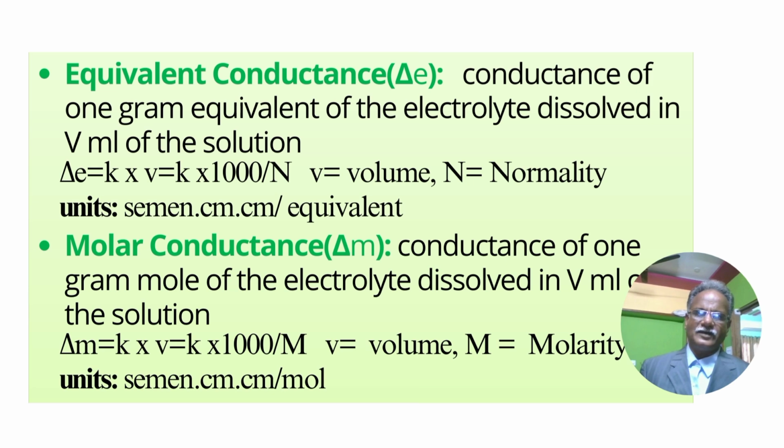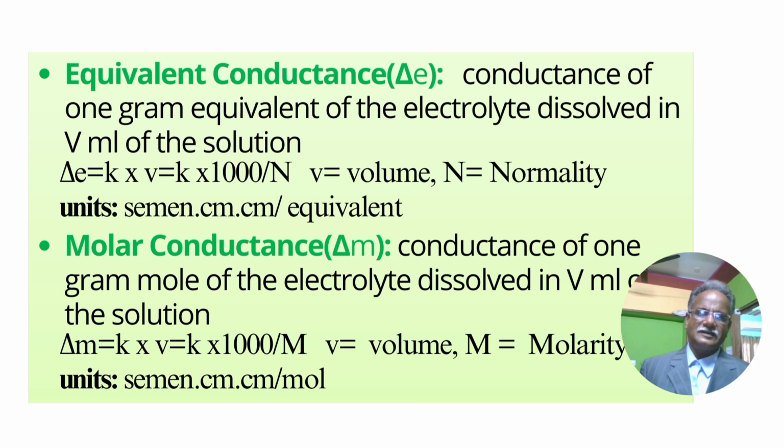The conductance of 1 gram equivalent of the electrolyte dissolved in V mL of the solution. The V may be 1000 ml, 500 ml, 250 ml, any means. Mathematically, it can be represented as equivalent conductance is equal to K into V. Here V is equal to volume.